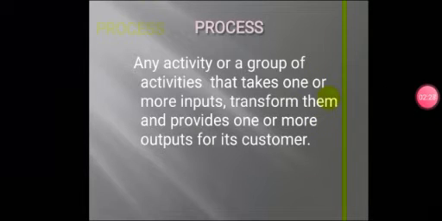A process is any activity or group of activities that takes one or more inputs, transforms them, and provides one or more outputs for its customers. Processes tend to be clustered together into operations. Processes can be linked together to form a supply chain.